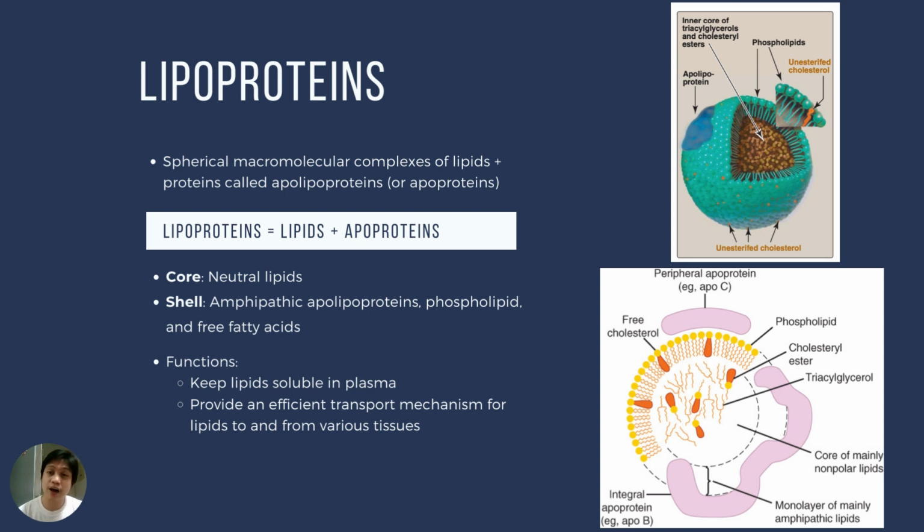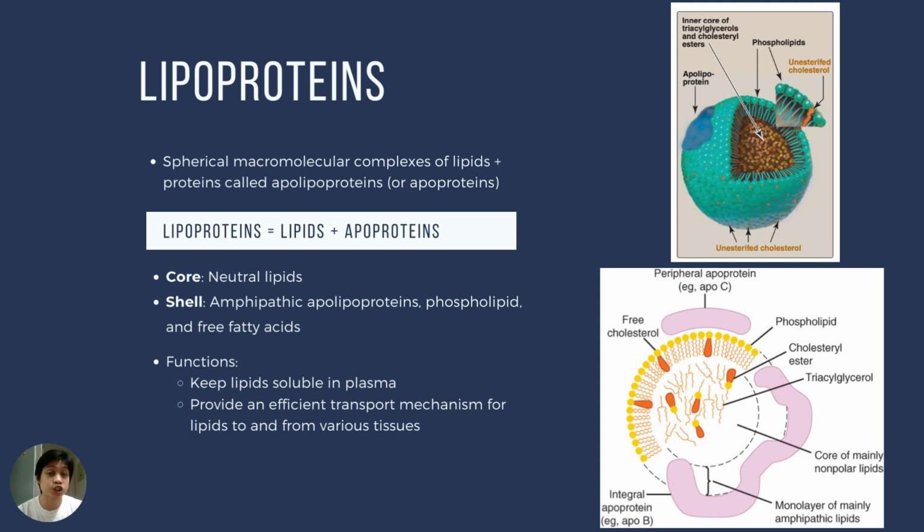Okay, so let's now focus our attention on the image here on the right. The top image shows a generalized structure of a lipoprotein. In the core of the lipoprotein, we find the neutral lipids, those that are in brown and yellow. These are triglycerides and cholesterol esters.